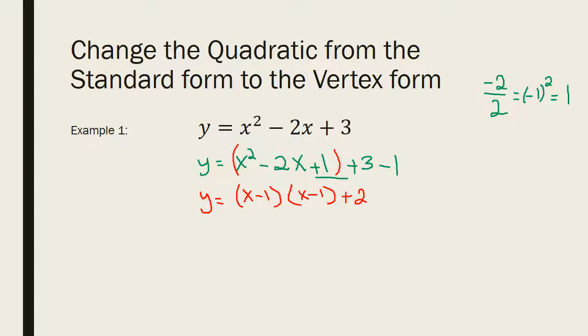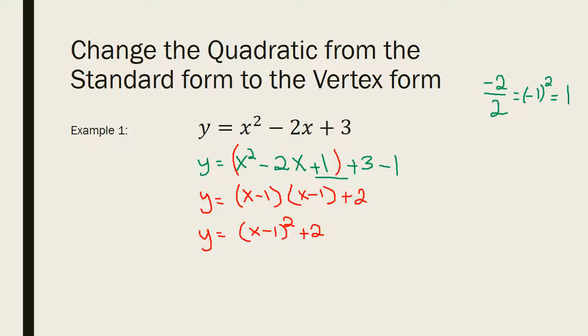So now, since I have (x minus 1) multiplied by itself, I'm going to have a perfect square of (x minus 1) squared. And then all I need to do is bring down the 2. So I'm done.